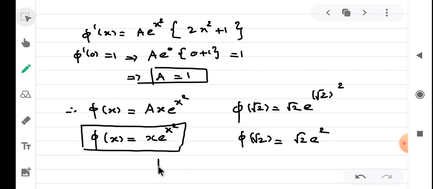So the value of phi of root 2 is root 2 into e square.